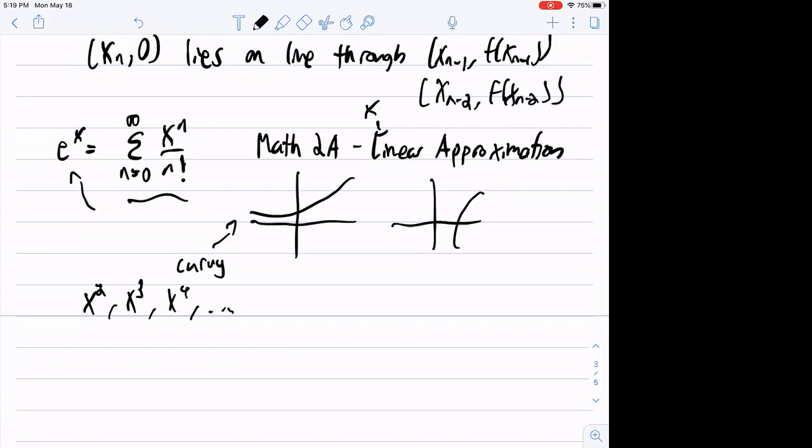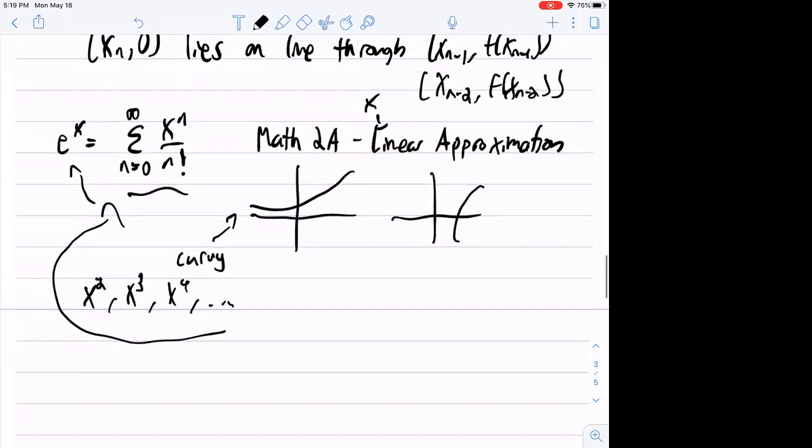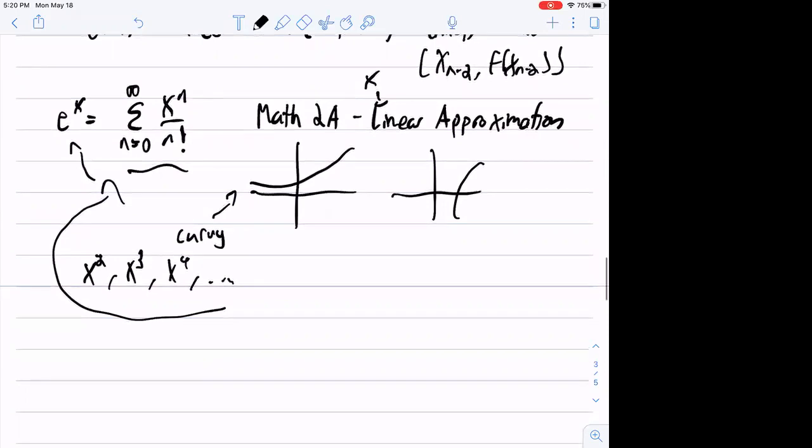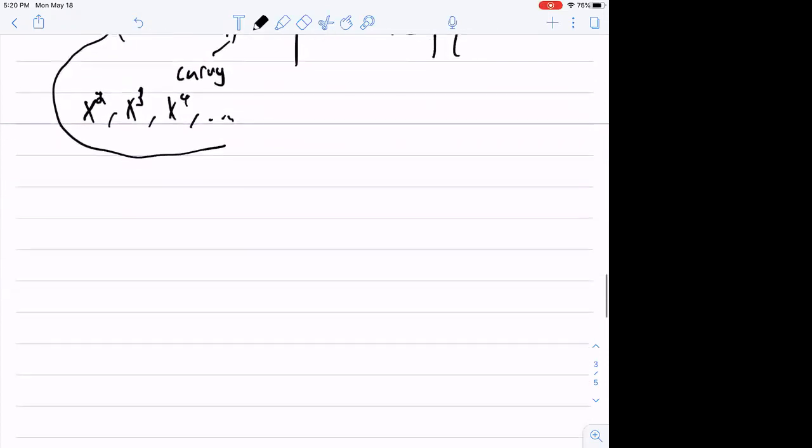Eventually you need infinite powers to get equality. So that's the idea. Taylor series is just a bunch of approximations, a generalization of Math 2A. I'm approximating, but to get actual equality, I need more and more terms, more and more powers. Anyhow, let's continue.